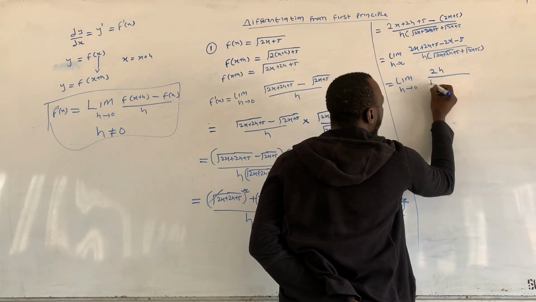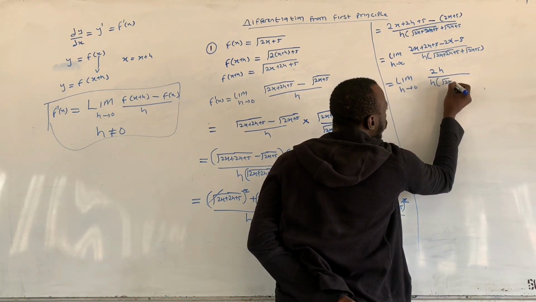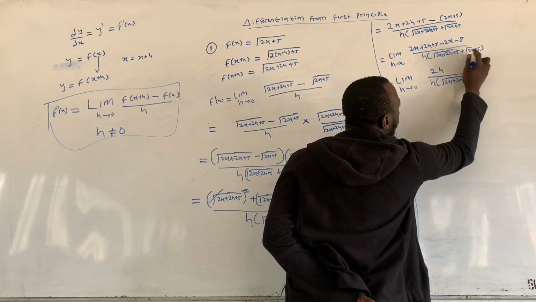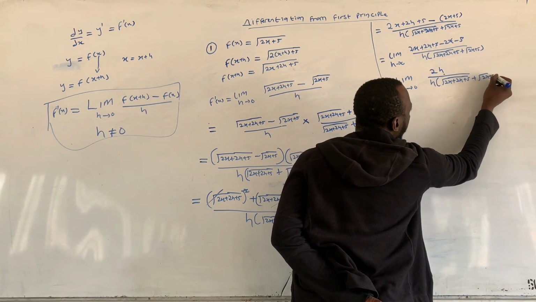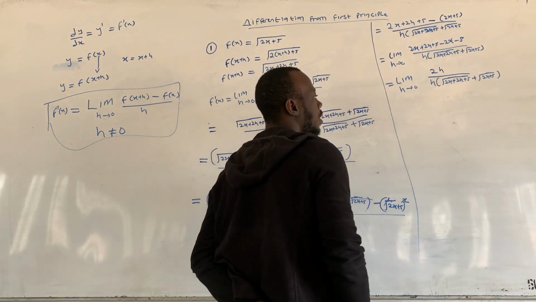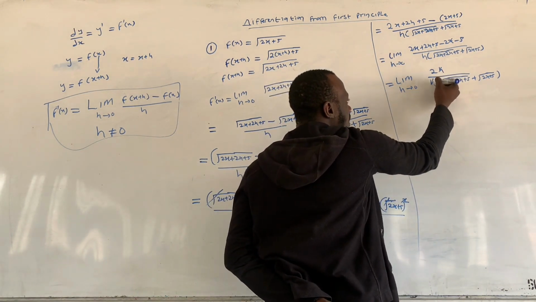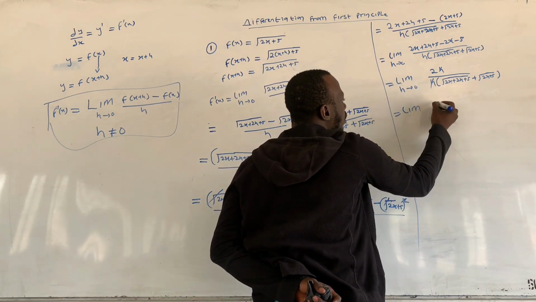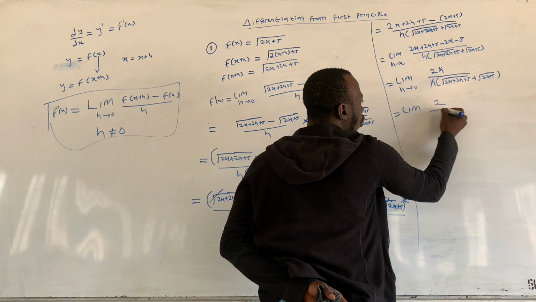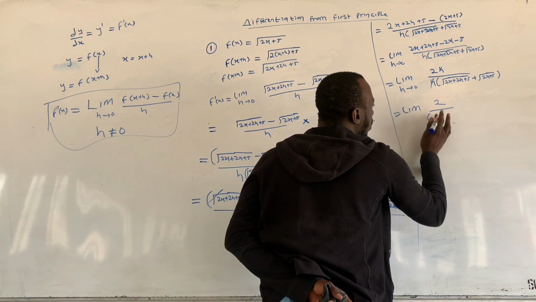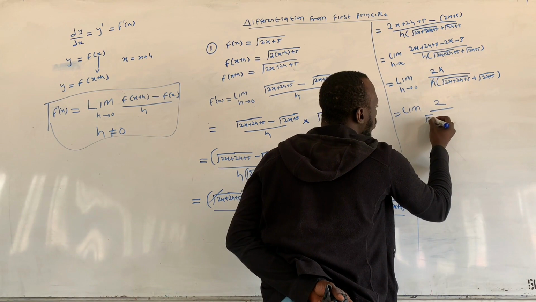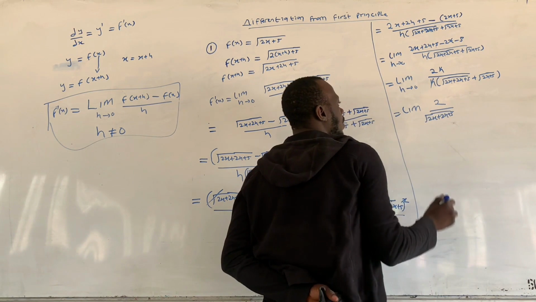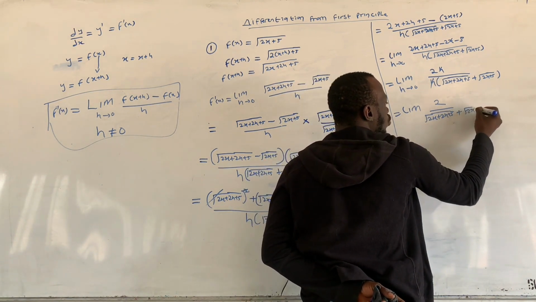All over h bracket root 2x plus 2h plus 5 plus root 2x plus 5. So now this h can cancel out this h here. The remaining here we have lim 2 all over bracket root 2x plus 2h plus 5 plus again root 2x plus 5.